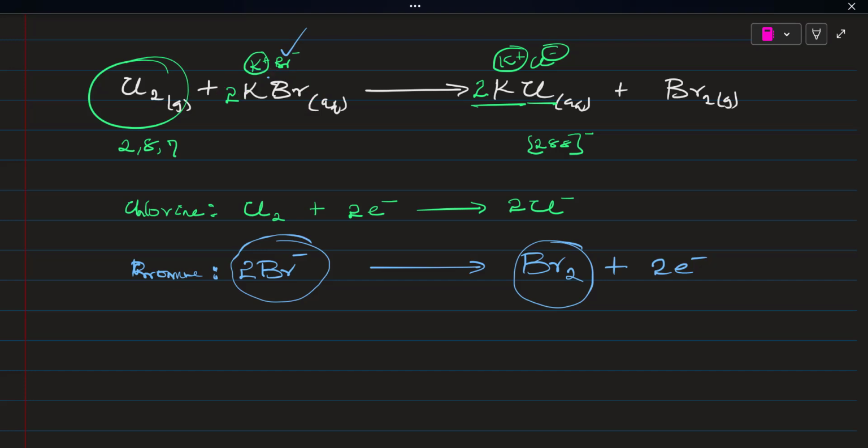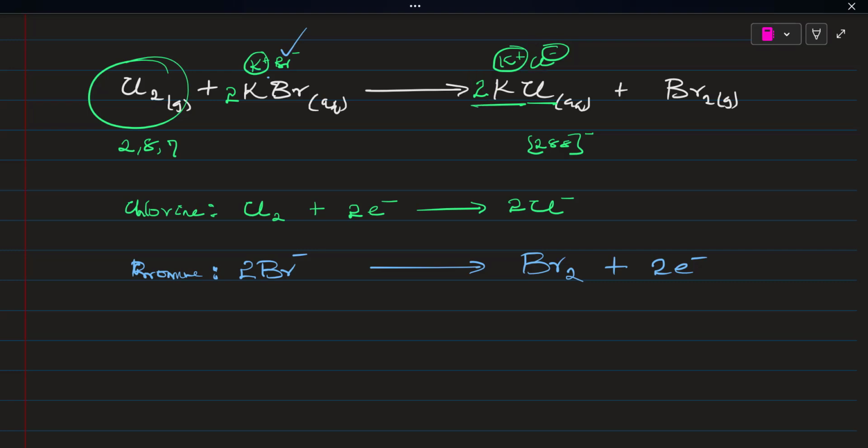So that is why we have Br2 down here, because of the 2 and then Br here. Sorry, 2Br minus down here, and the other side we have Br2, which is intact, Br2. If you look at chlorine, Cl2, then it becomes 2Cl minus here. This 2 and then this Cl minus to give us 2Cl minus.